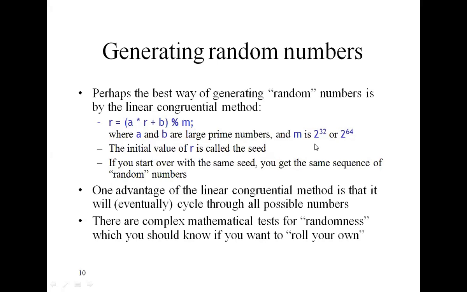M is 2 power 32 or 2 power 64. The initial value of R is called the seed. We are taking the seed, the starting element, as the initial value of R.